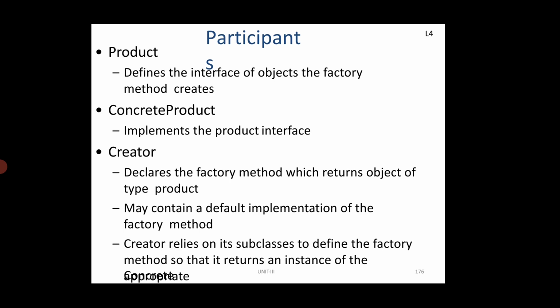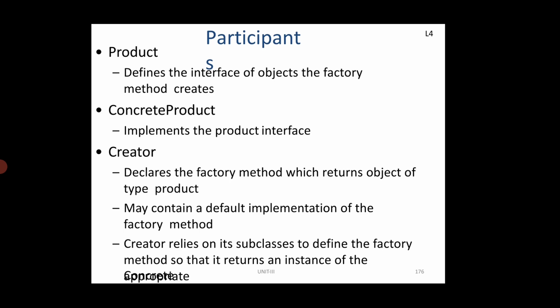We need to declare the factory method, which returns an object of type product, in the sense a document. The creator may define a default implementation of the factory method that returns a default concrete product object.